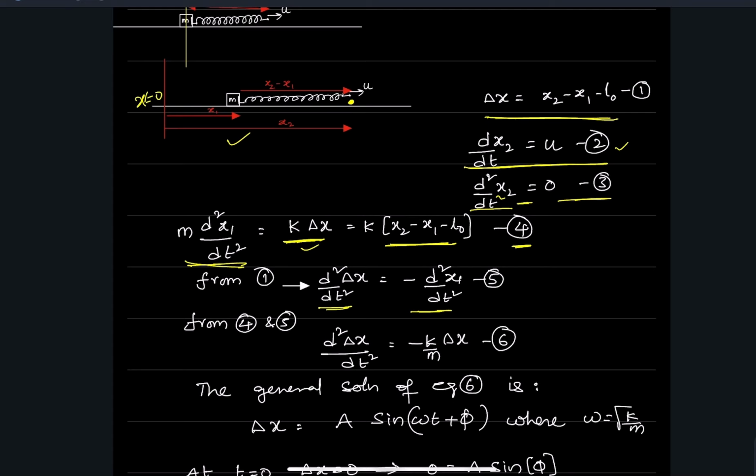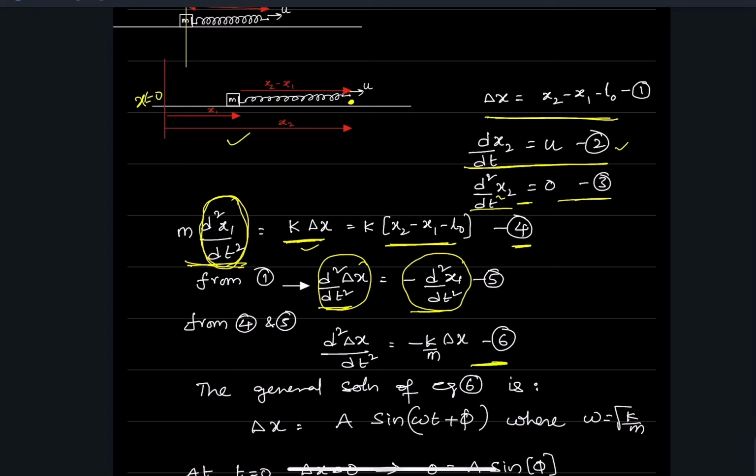From 4 and 5, I can write d square delta x by dt square equal to minus k by m delta x. So here I am replacing d square x1 by dt square by minus d square delta x by dt square. So I got equation number 6 now.